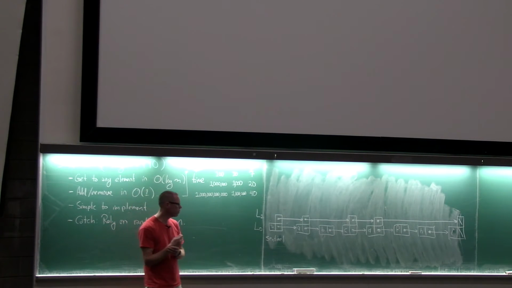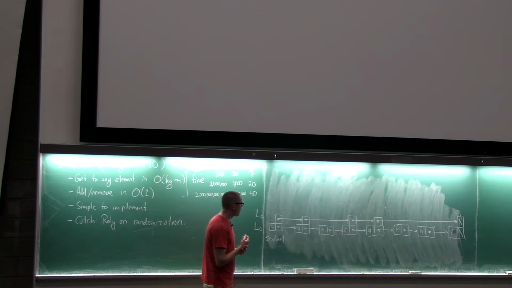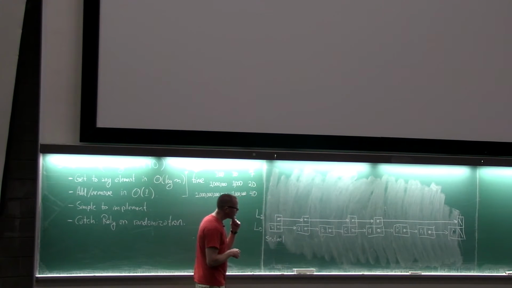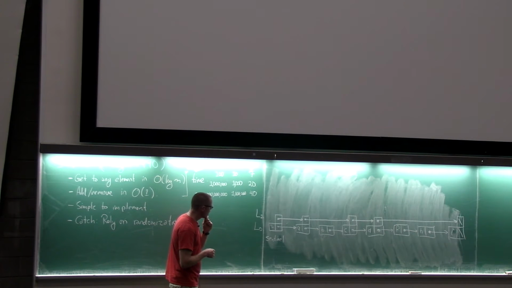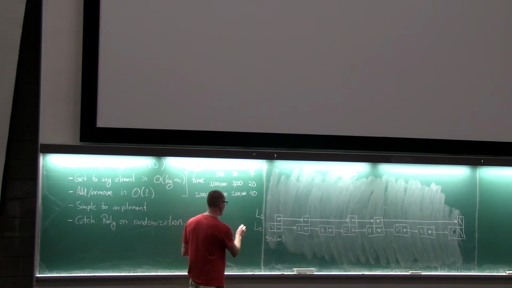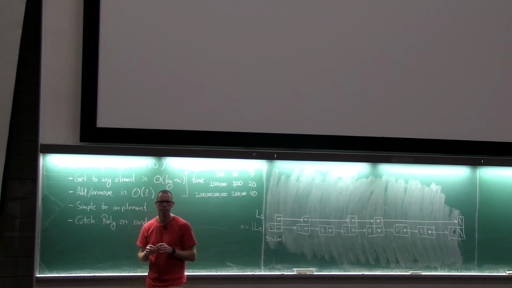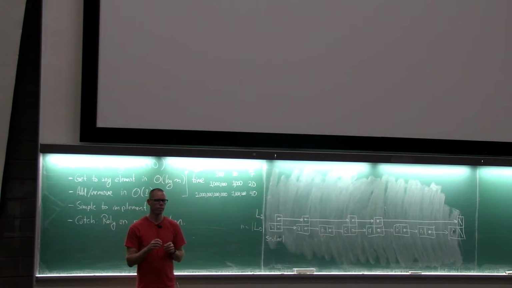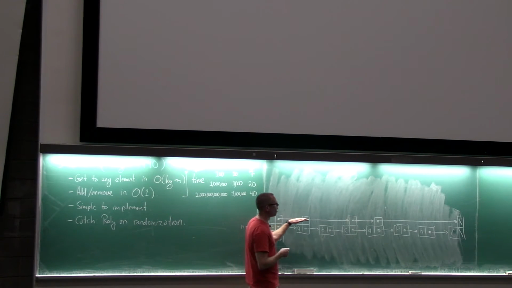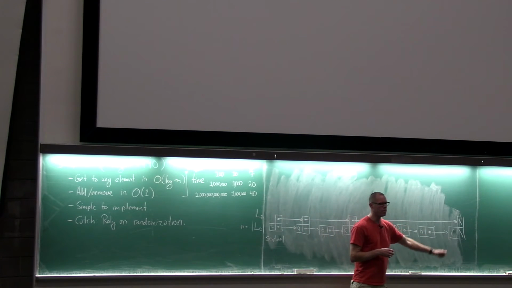Any of those things will usually work. If you had to guess, on average, how many elements do you think will be in L1? If there's n elements in L0, how many would be in L1? Half the elements. So on average, we would think that L1 has about half the elements.